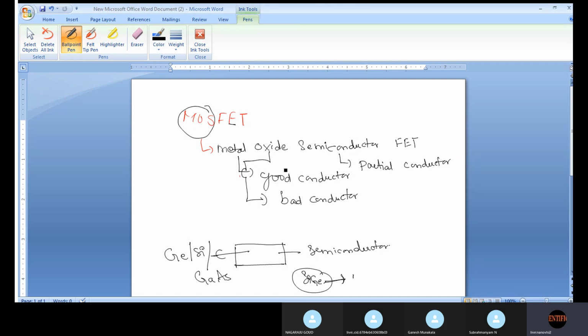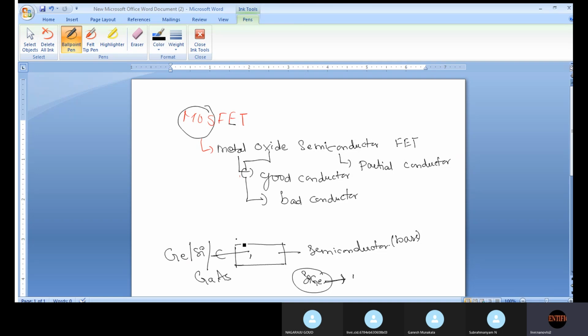It is a very good semiconductor which was the trend actually. So the semiconductor is germanium, silicon, or gallium arsenide, and it is the base. Without a semiconductor, we cannot even start.